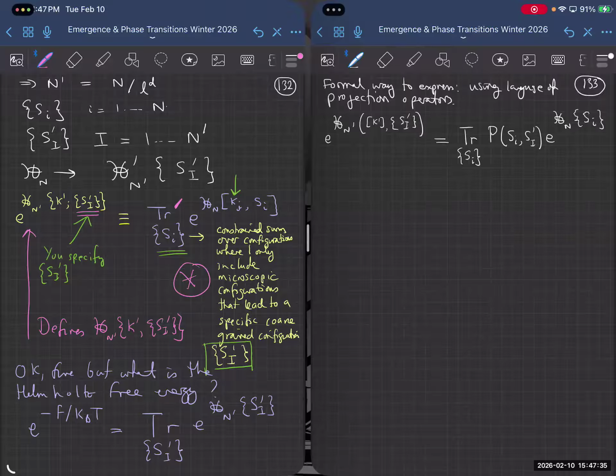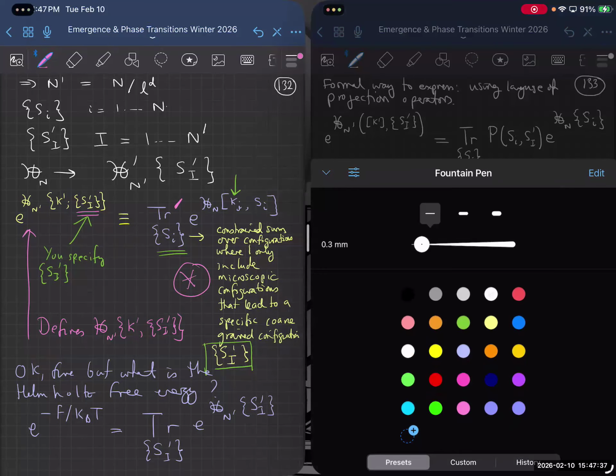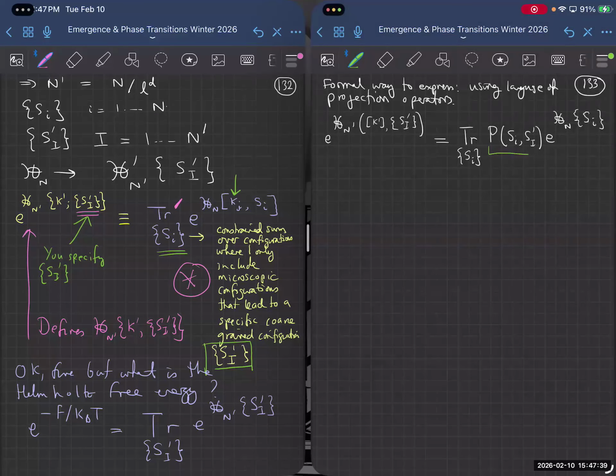So let's see how we construct this operator. And this operator P, this is the thing that I'm calling a projection operator. And it's very simple. It's just equal to the value 1 if the microscopic configuration is consistent with the coarse-grained configuration.